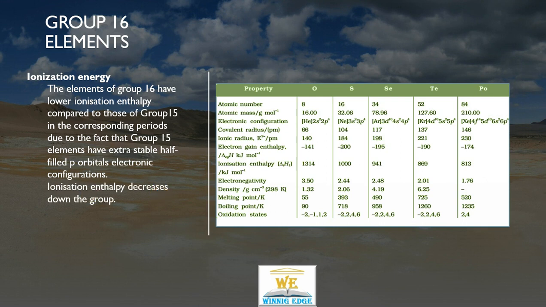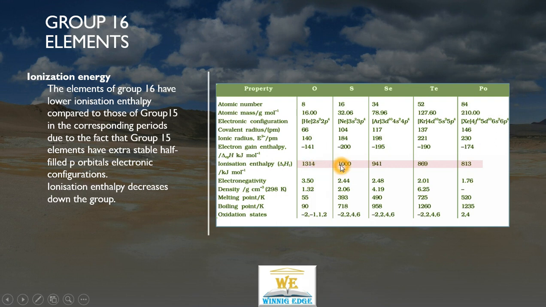Another property we see here is that as you go down a group, ionization enthalpy keeps on decreasing. The reason is, as the atomic number increases down the group, our atomic size increases too.